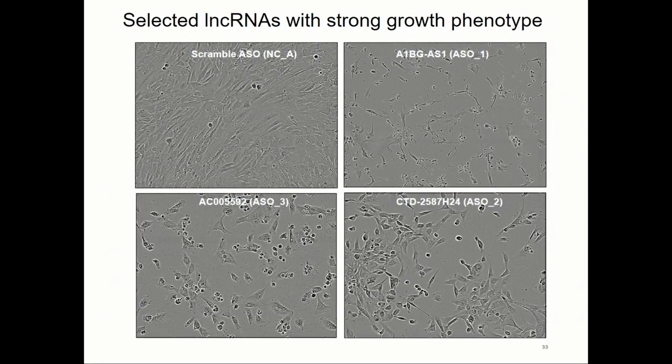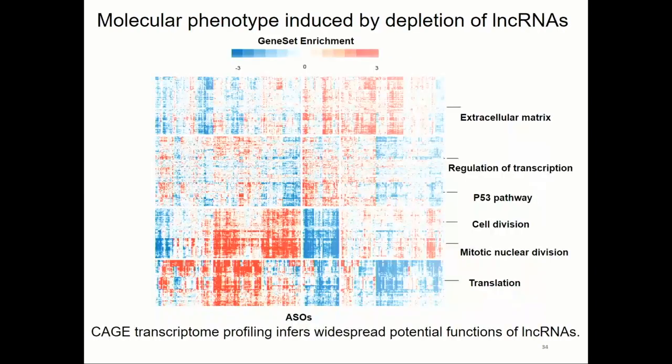Sometimes we see a very obvious effect in cell growth. So this is a control, but sometimes when knocking down a noncoding RNA, we see a dramatic effect in cell growth. Sometimes we see even apoptosis, and we see a lot of differential phenotypes just by looking at the cells. But we also wanted to look at what happens at the transcription level, and we see that very often genes go up or go down.